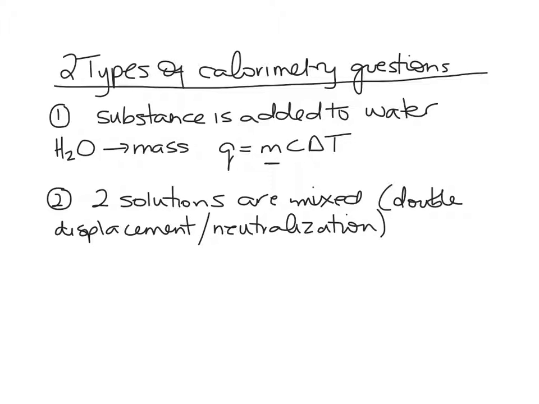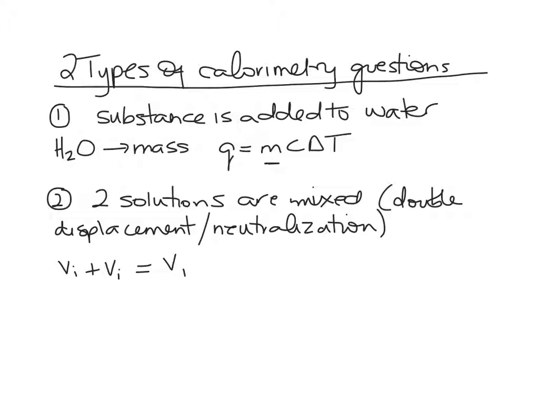Another scenario is where two solutions are mixed. So it could be an acid-base neutralization reaction or some kind of double displacement with solutions, so both reactants have AQ subscripts. In this case, we have two different initial volumes.